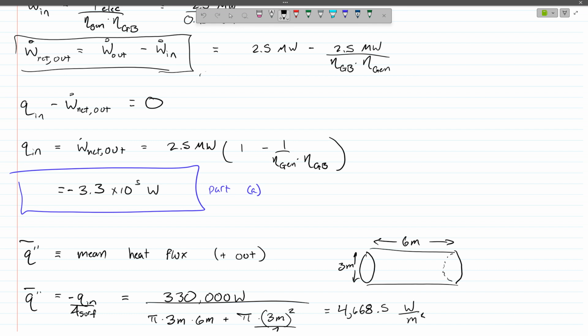That gives rise to what we call the rate equations. These are equations that relate quantities like our heat flux or mean heat flux or the total heat rate to something that describes the surroundings, the actual environment in which we're operating.